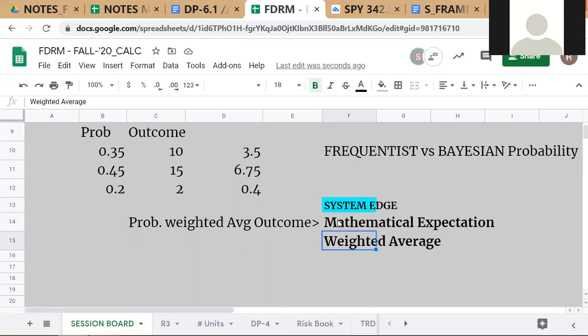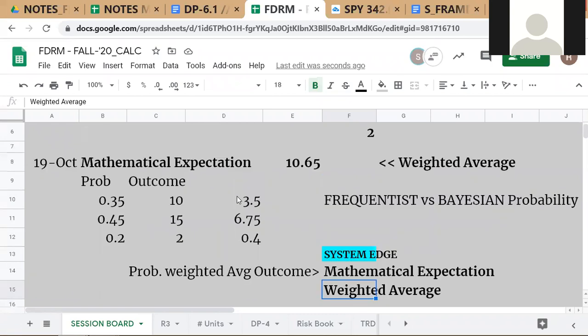All we are doing when we introduce mathematical expectation in statistics is telling you that it's also a weighted average, but it's a probability weighted average outcome. So rainfall in Delhi: different chances of rainfall, the quantum of rainfall, and the probability of this quantum of rainfall happening. All you're doing here is computing the probability weighted average outcome.